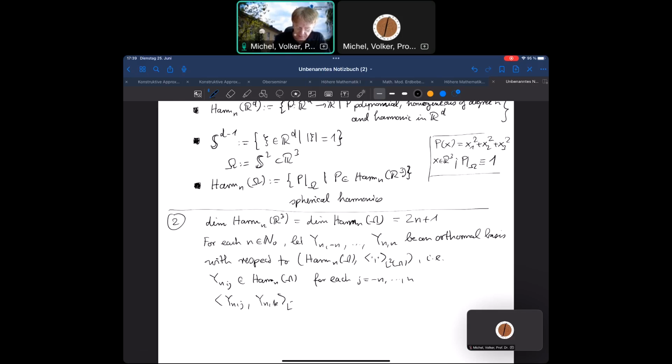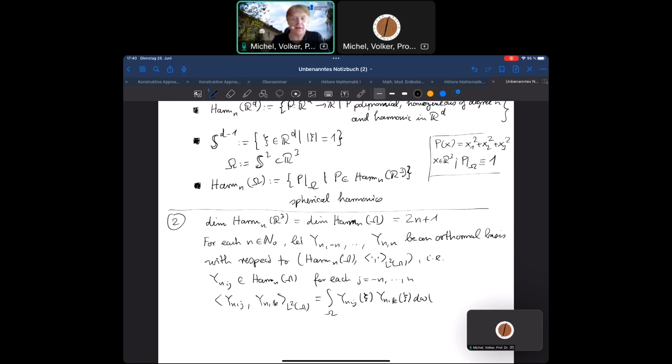If you don't remember currently what this means, it's the integral over the product calculated on Omega, with the surface element of surface integrals.